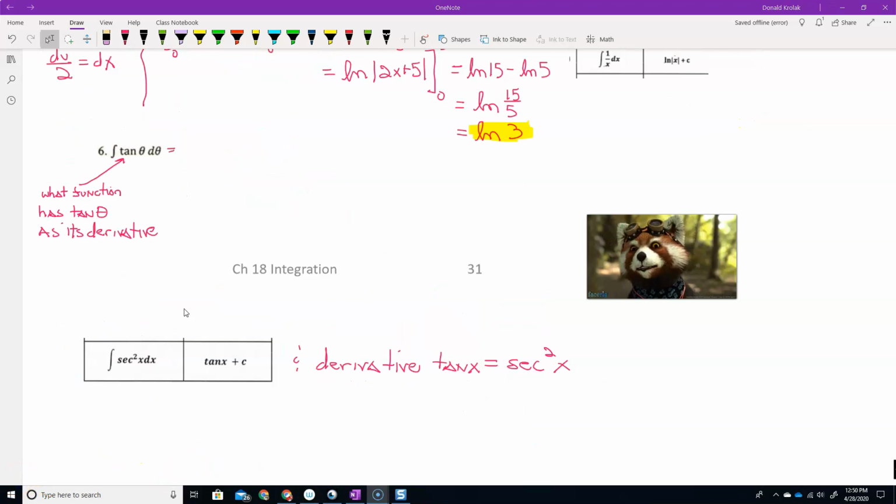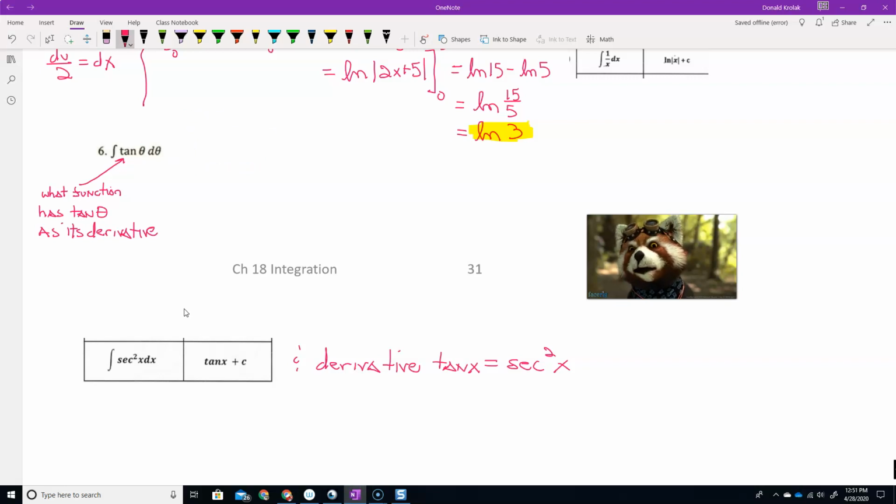All right, if you look at our rules for derivatives, we're looking for a function whose derivative is tangent. There's not a direct function in our rules that has a derivative that's tangent. Now we know the derivative of tangent is secant squared, but we need to know when we take the derivative of whatever this is, we end up with tangent.